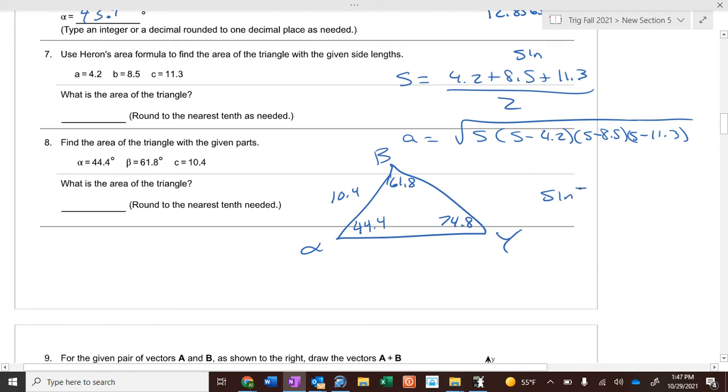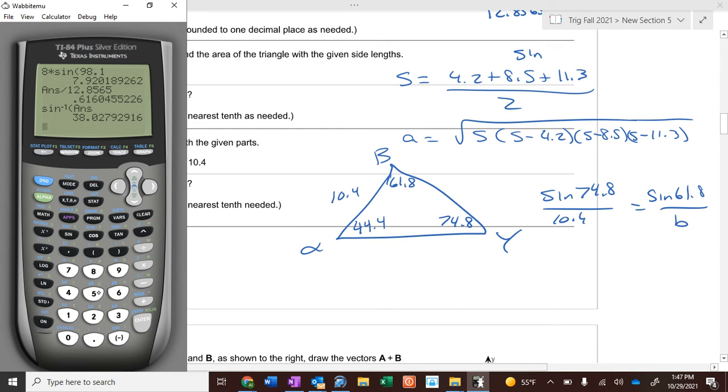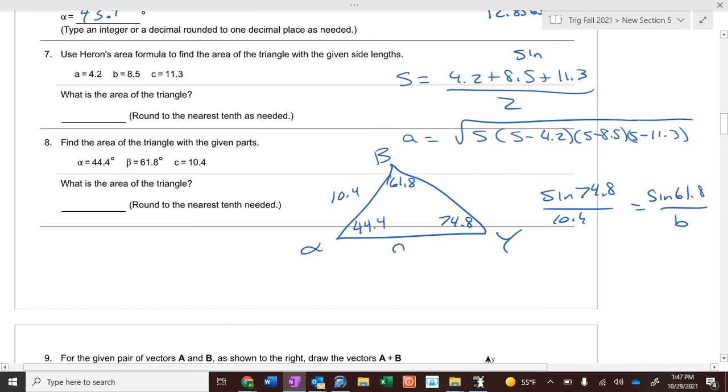So do law of sines to figure out side B. So the sine of 74.8 over 10.4 equals the sine of 61.8 over B. So 10.4 times the sine of 61.8 divided by the sine of 74.8 is 9.5.